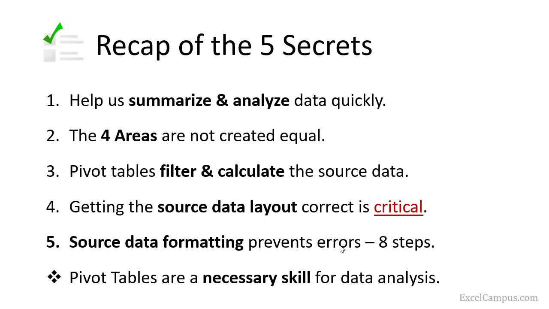Because if you can filter and calculate to get a number, that means that you can create a pivot table to also get that number. And then we looked at the source data formatting and how to prevent some of those errors in that 8-step checklist. And also kind of just explained there how pivot tables are a necessary skill for data analysis.